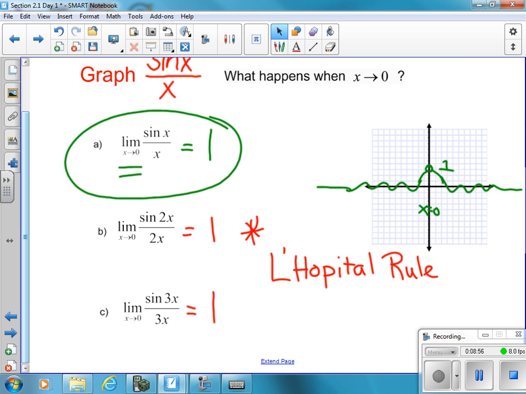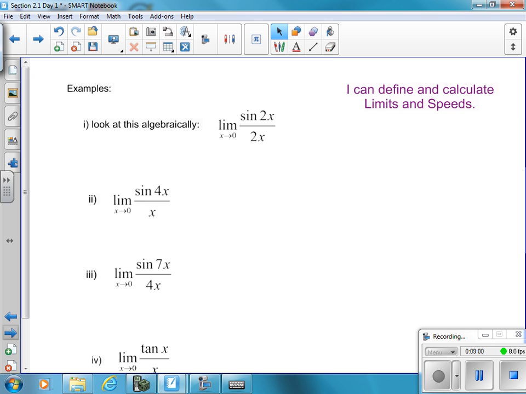It heads toward 1. Now, this fact we're going to use when we do other functions.